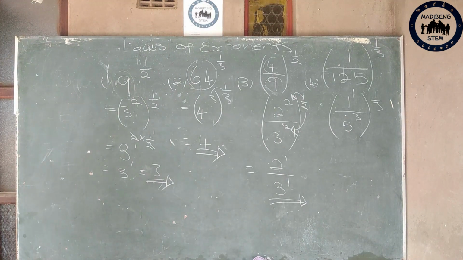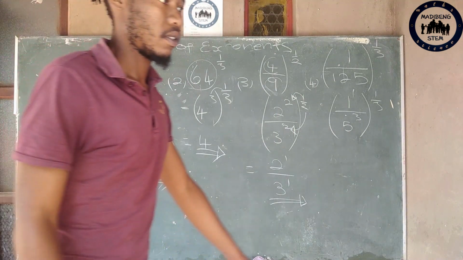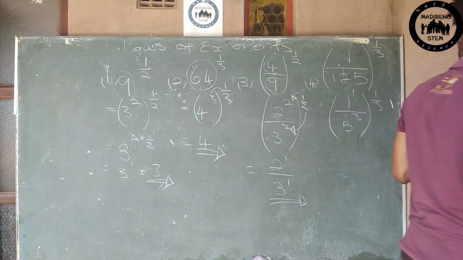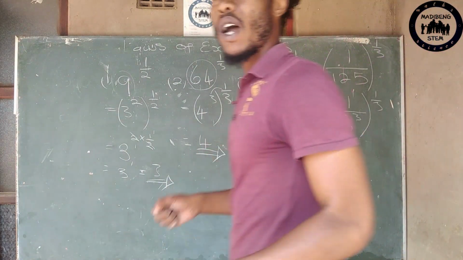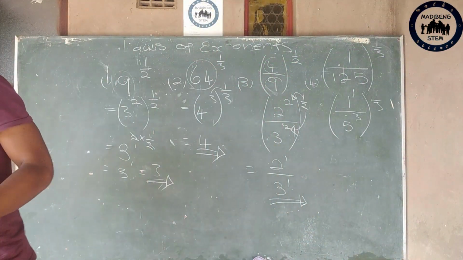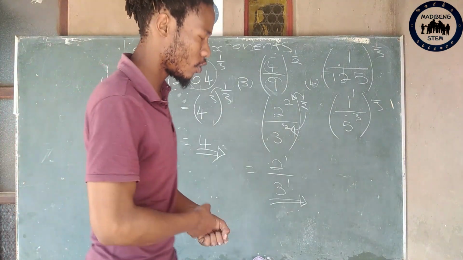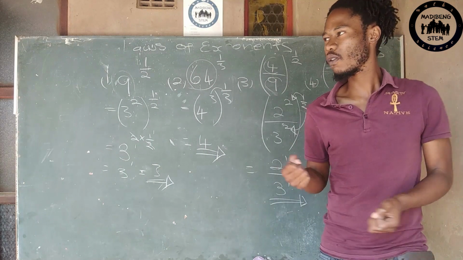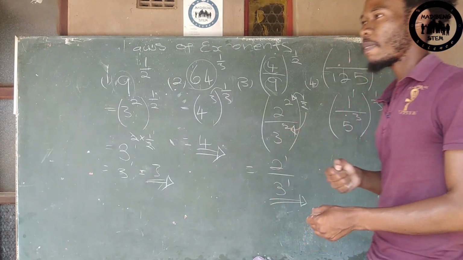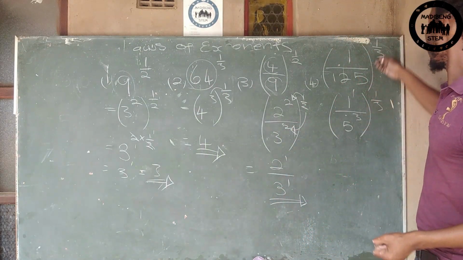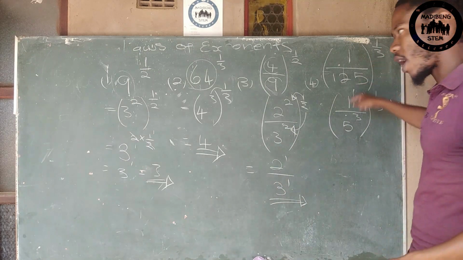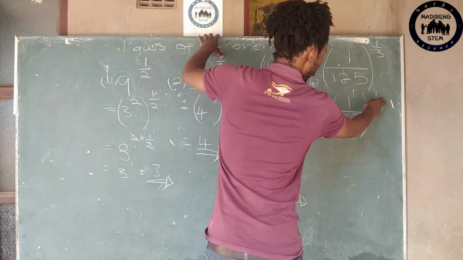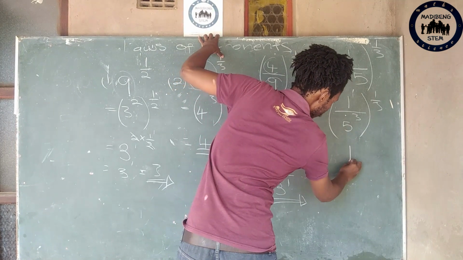What is 1 to the power of 1 over 3? What is 1 to the power 10? Is 1. What is 1 to the power of negative 5? Is 1. What is 1 to the power of 3 over 2? Is 1. What is 1 to the power of 1 over 3? Is 1. So I multiply this with this. So my answer is 1.